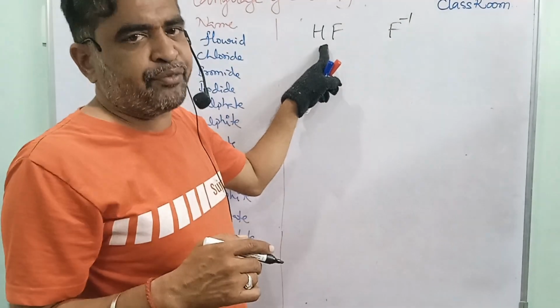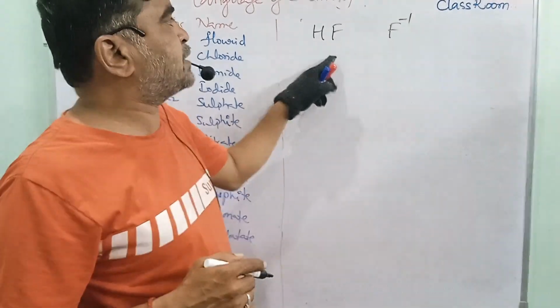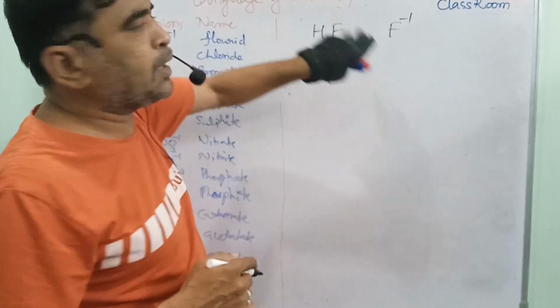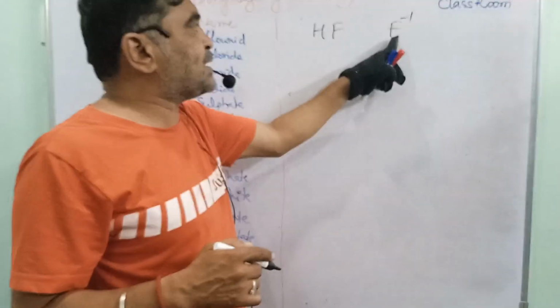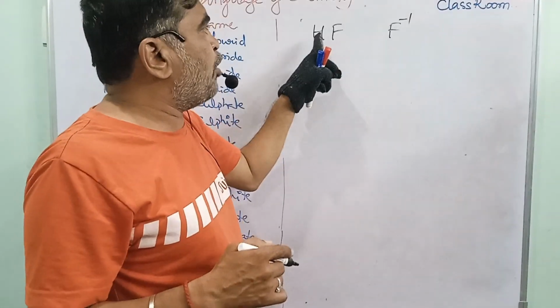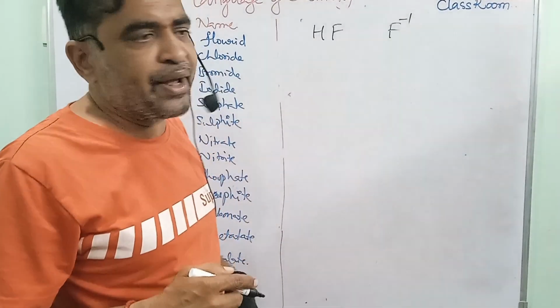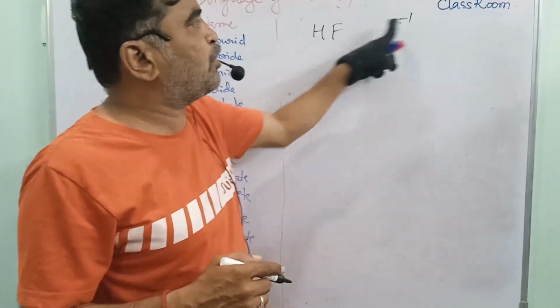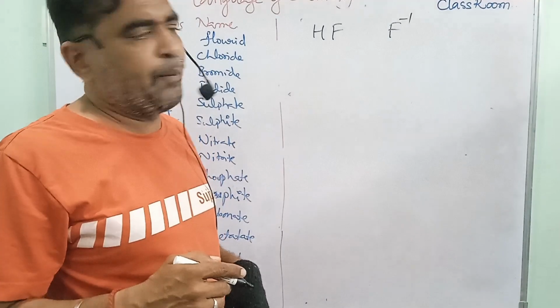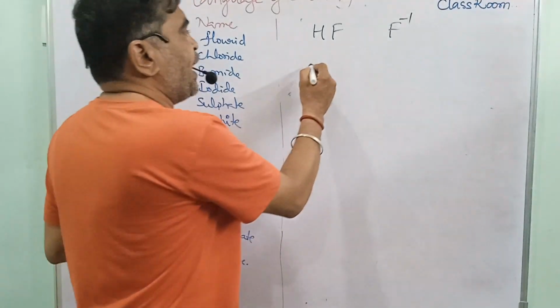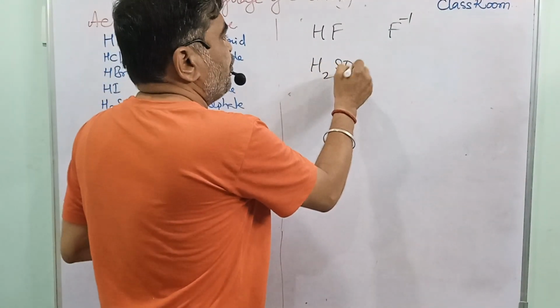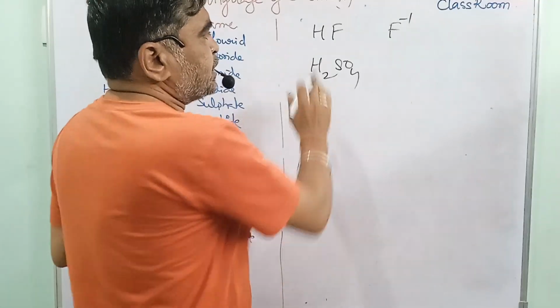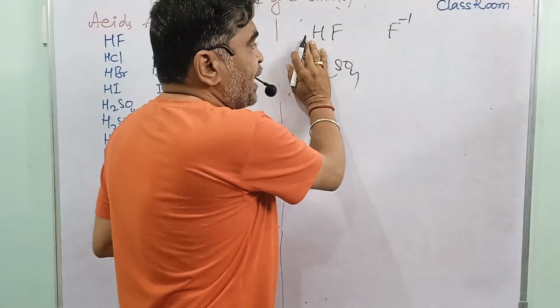So from the HF acid, hydrofluoric acid, except the hydrogen, the remaining is the anion. What is the anion? It is F. And how many minus charges? Here you have only one hydrogen, so you form F minus 1. One more example, H2SO4, sulfuric acid. Except the hydrogen, the remaining is the anion.